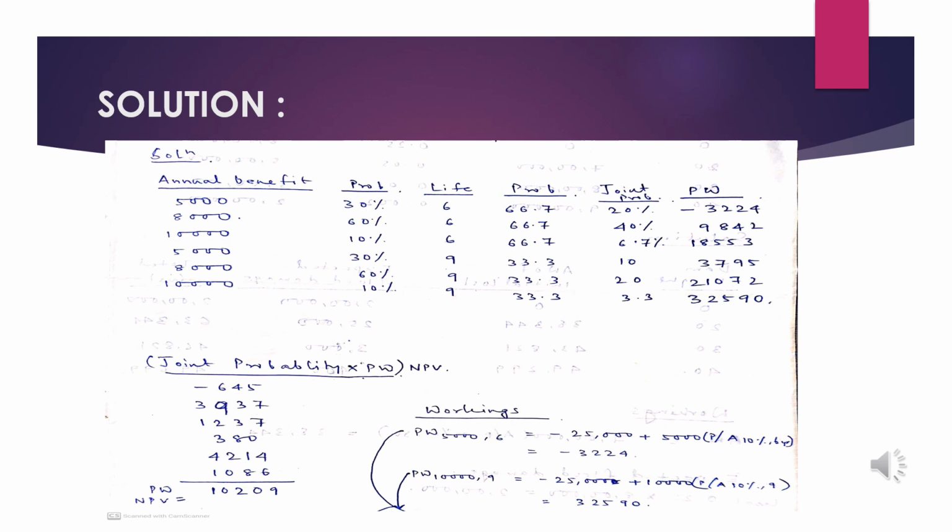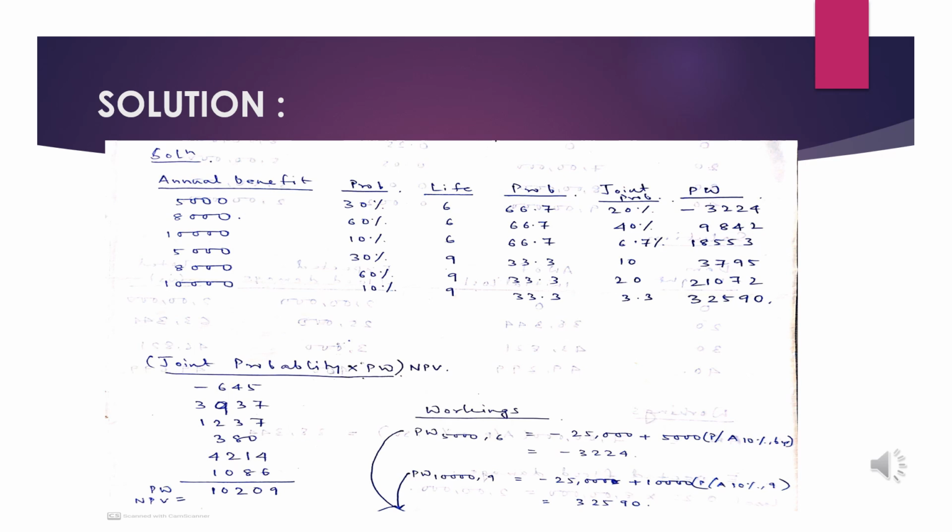If we successfully complete doing it as I have shown in my workings as well, and multiply every single present worth with the joint probability, the entire net present value gives the organization a profit of 10,209, which is the end result of this entire decision tree problem.